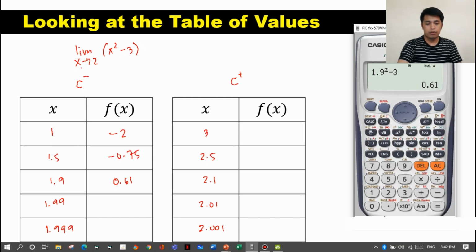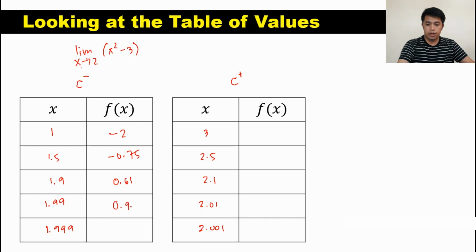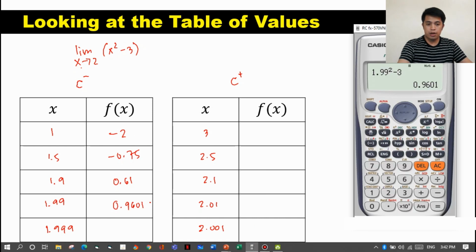So, try na nato. 1.99 squared minus 3. So, we have negative 0.9601. And then, sa last na portion, 1.999 squared minus 3.